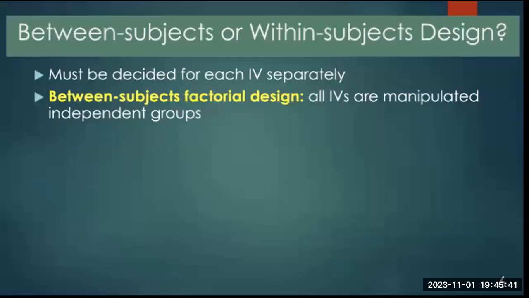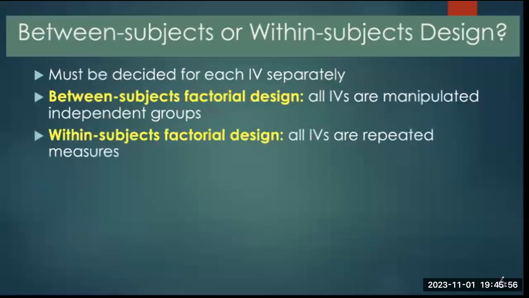We would do this if the variables that we have are going to have carryover effects, so that we cannot actually do a within subjects component. So with a between subjects factorial design, you have different people in every single condition. With a fully within subjects factorial design, you have the same people in every single condition.